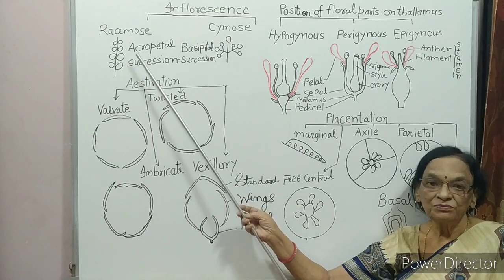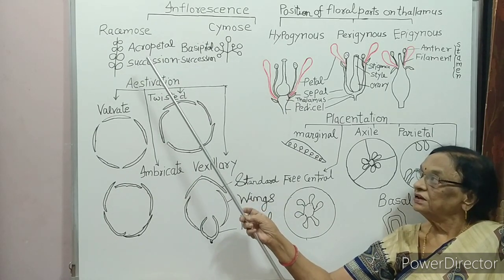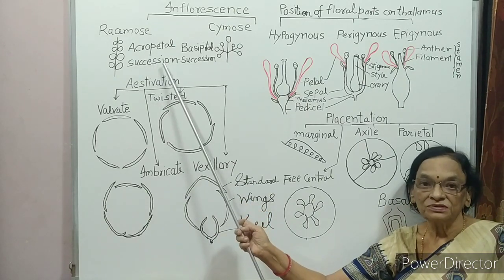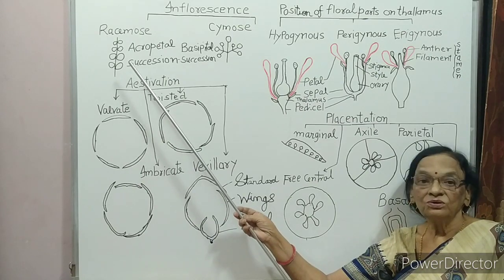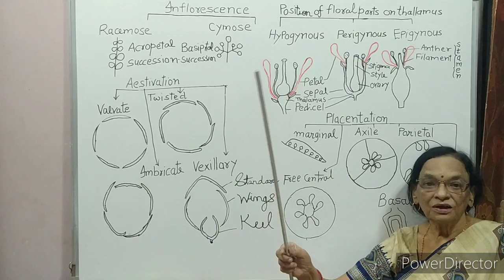Such an arrangement of flowers is called acropetal succession. So acropetal succession means old flowers towards the base and young towards the apex.